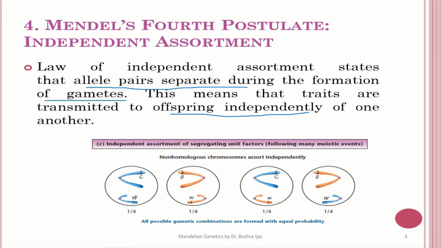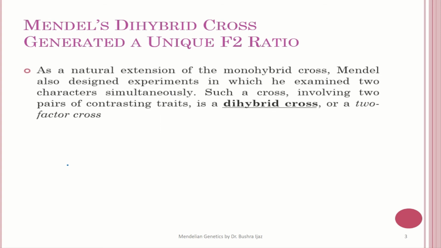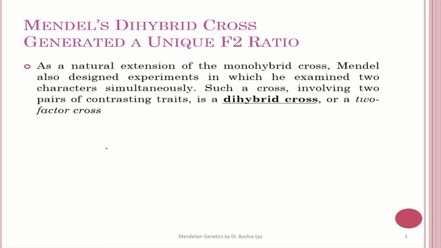And now this gamete has a different chance of getting fused with another partner's gamete. So now we see Mendel's dihybrid process, which generates a unique F2 ratio, and this ratio is very different from the monohybrid cross.